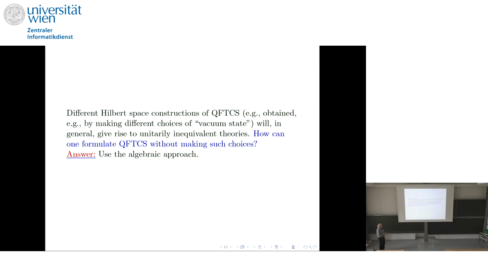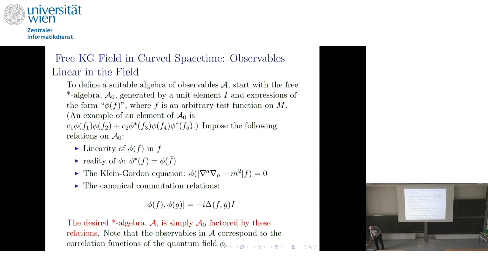So how do you proceed without making a choice of vacuum state, and thereby a kind of preferred Hilbert space representation of the theory? Well, there's an extremely simple and natural answer, which is to formulate the theory in the algebraic approach.